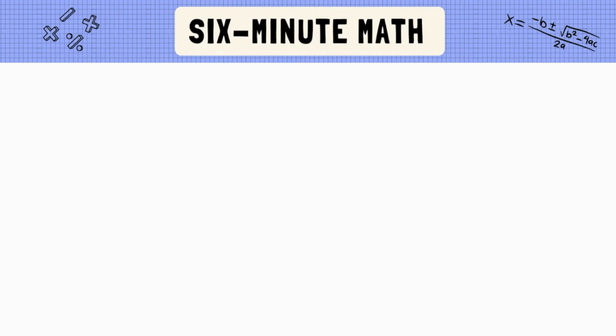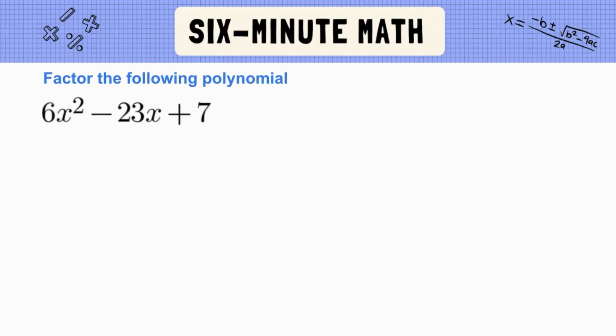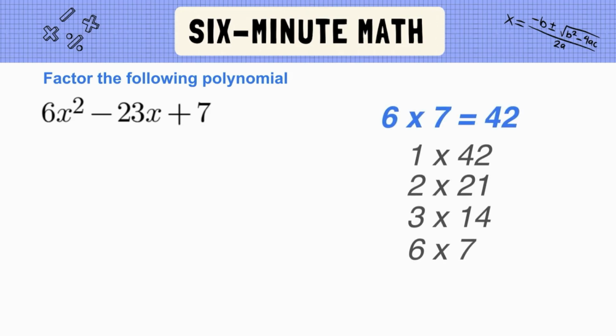We have a couple more examples here. Let's factor 6x squared minus 23x plus 7. 6 times 7 is 42, and I have my factor pairs accordingly. I'm looking for two numbers that add to that b value of 23. So let's add these factor pairs together.